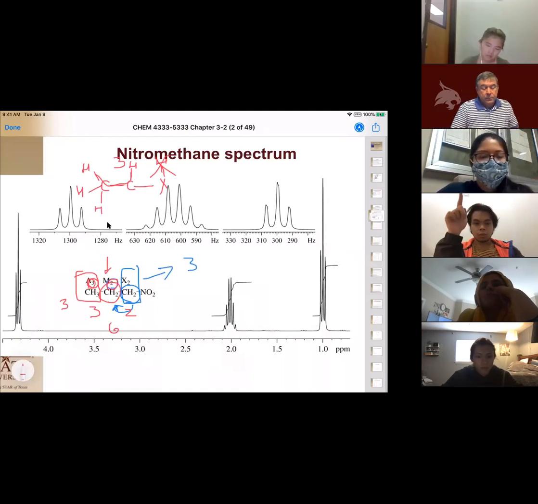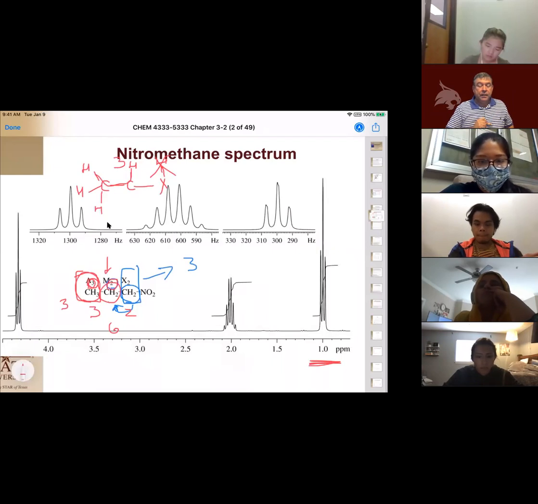So that's what the notation gives us: it tells us which ones are close enough to have an effect. The methyl group here should be the most shielded because there's nothing else attached to it. So it should be the closest to 0, and it should have 3 peaks.